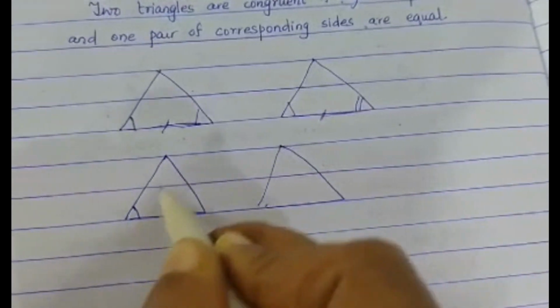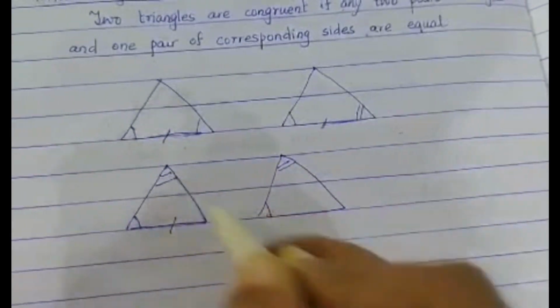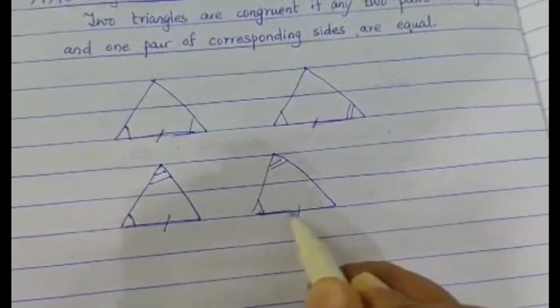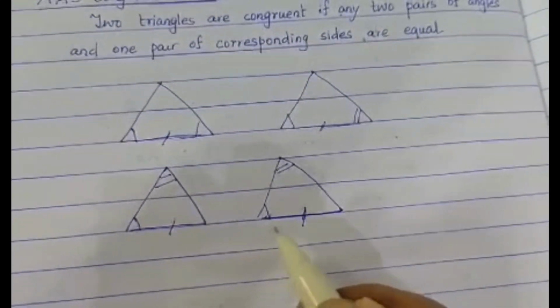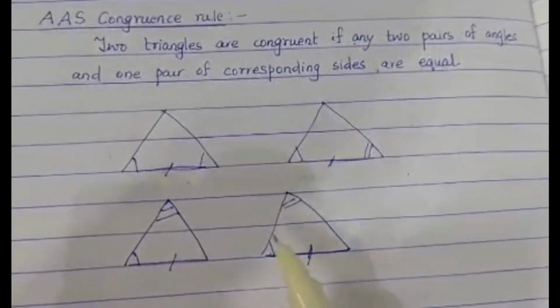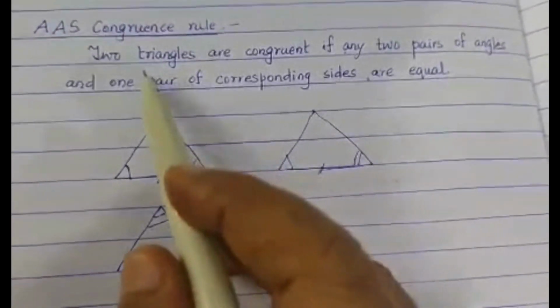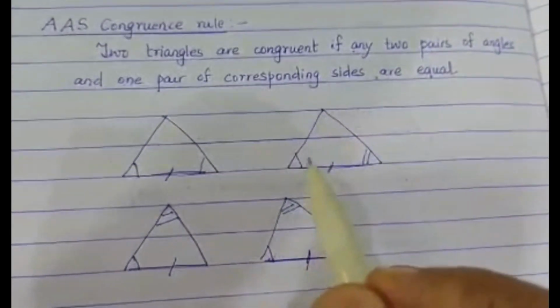Suppose this angle and this angle and any side, this side. If the side is not included, then also it can be congruent. This is what this rule says. The side need not be included. So it is congruent if any two pairs of angles and one pair of corresponding sides are equal.